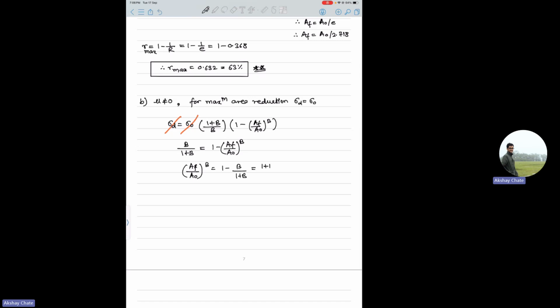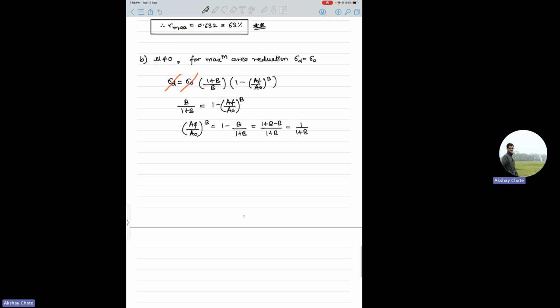So this will be (1 plus B minus B) by 1 plus B. So B gets cancelled, it is 1 by 1 plus B. Okay, so now you can take 1 by B powers on both sides. So you'll have af by a naught as 1 divided by 1 plus B, whole raised to 1 by B. Okay. And then this is your 1 by R, right?